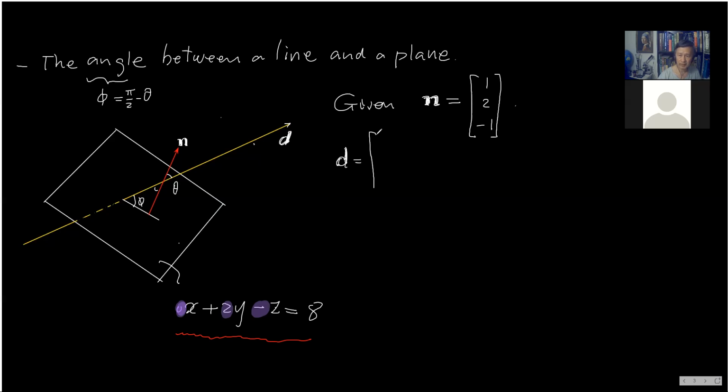It has three components: x equal to t, y equal to 1 take t, and z equal to 3 plus 2t, where t is the time. In that case, how can we determine the direction of this D? We have to turn it into a Cartesian form. This represents a straight line.